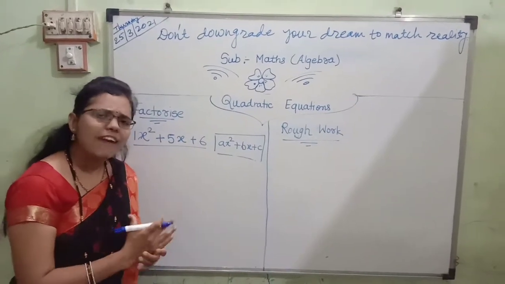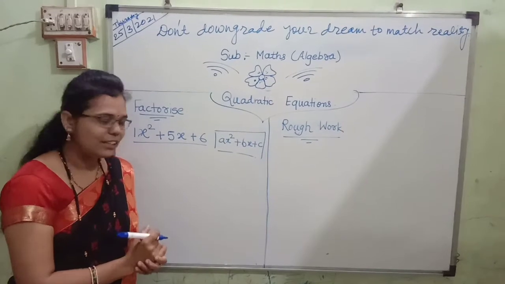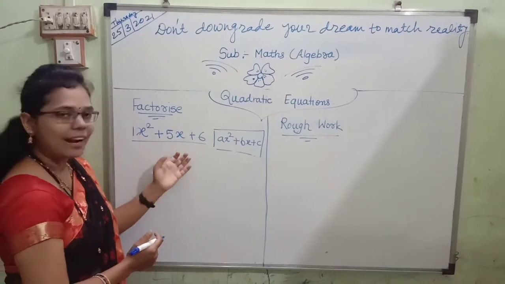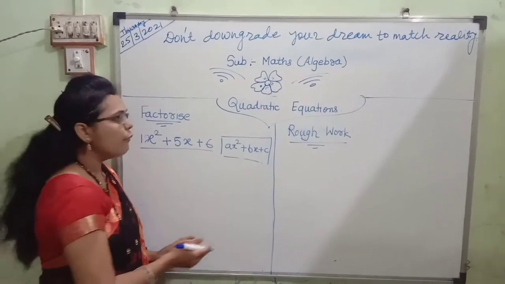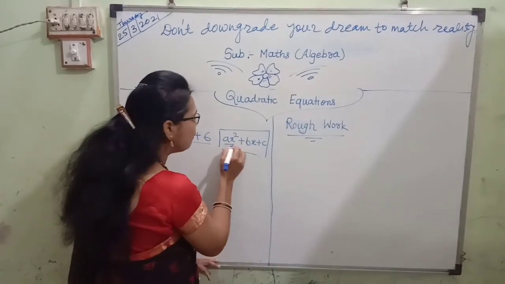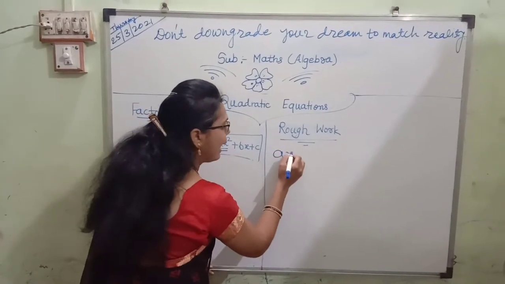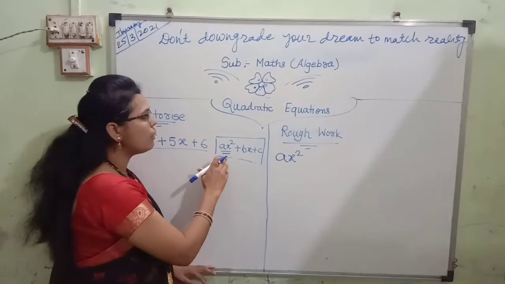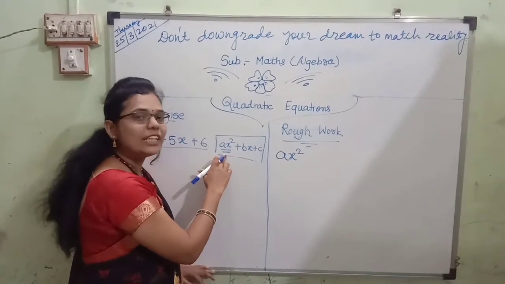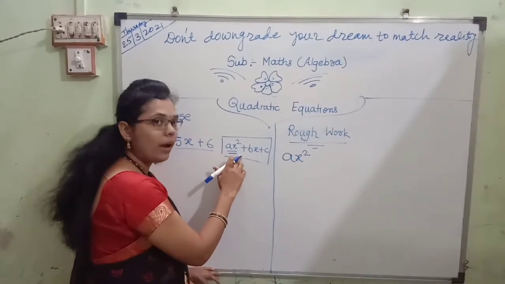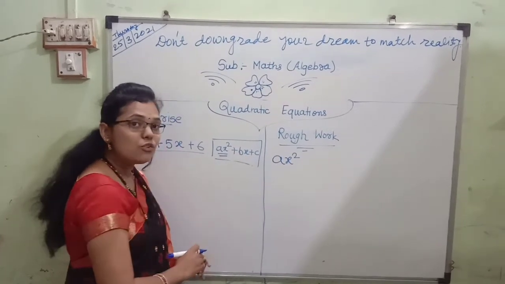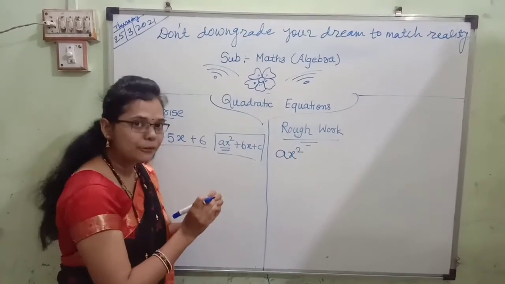But how can we factorize it? Whenever we factor this kind of equation, what do we have to do? The first term of the quadratic equation, ax square, and the third term, c, we should multiply together.